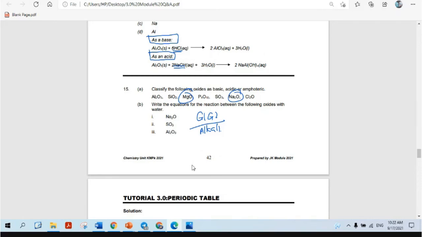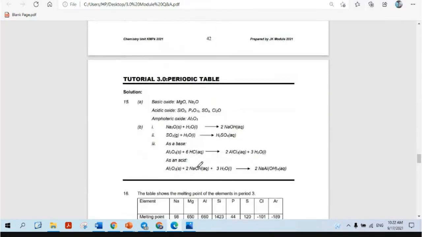The rest, non-metals, form acidic oxides. The special one is aluminium, amphoteric. When you write the equation, remember it must act as a base, reacting with acid, and act as an acid, reacting with base.